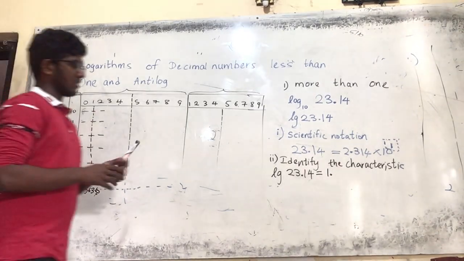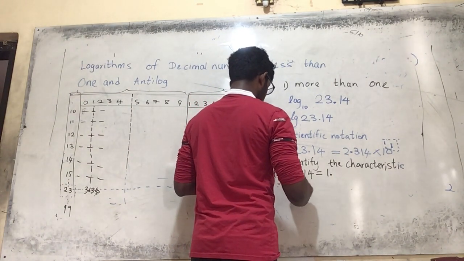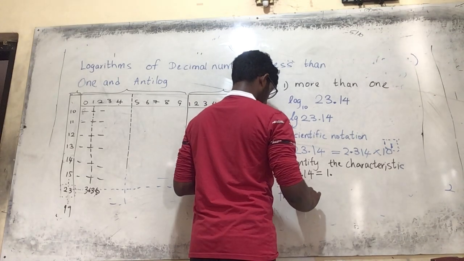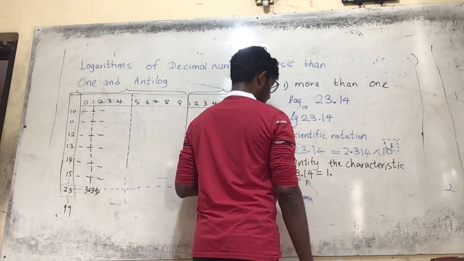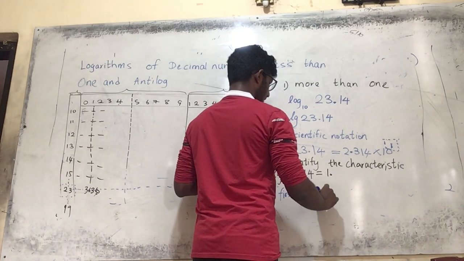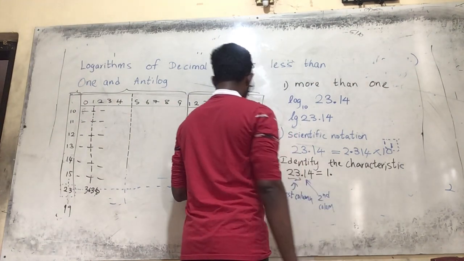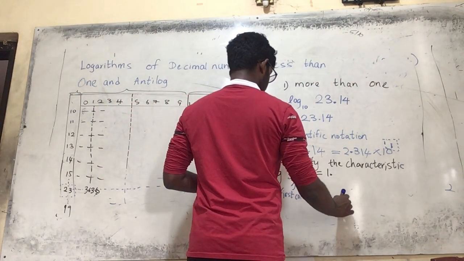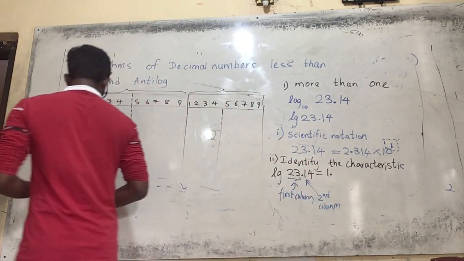So these two digits you get from the first column. This one, the second column. So you get this value.